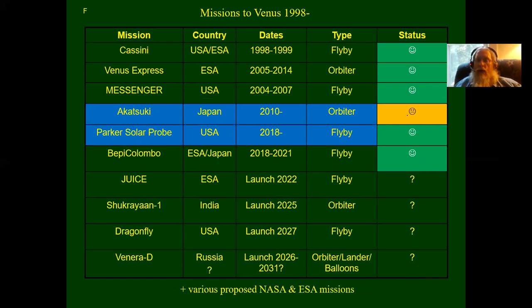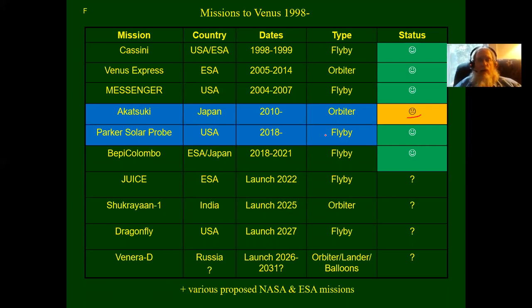I have it here as a neutral because its first attempt to go into orbit around Venus failed, but its orbit around the sun brought it close to Venus again, where it got another chance, and it worked that time. The Parker Solar Probe has done some flybys, doing a few more on its way. It's primarily a mission to study the sun, but it's flown by Venus in the process and has a few more flybys to do to get into its final orbit.